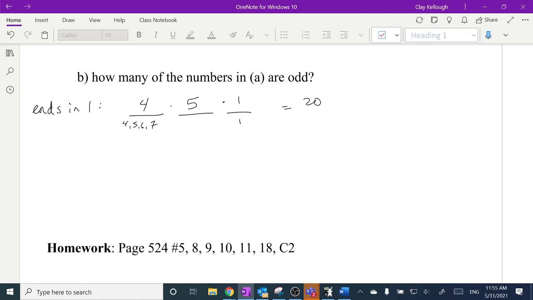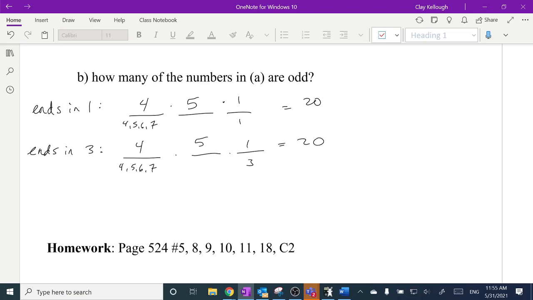But then there's 3 other choices that you could end in, right? You could end in a 3, right? And if you end in a 3, this is still 4, 5, 6, or 7, but this ends now in a 3, and 4 times 5 times 1 is 20. So those 2 are the same.